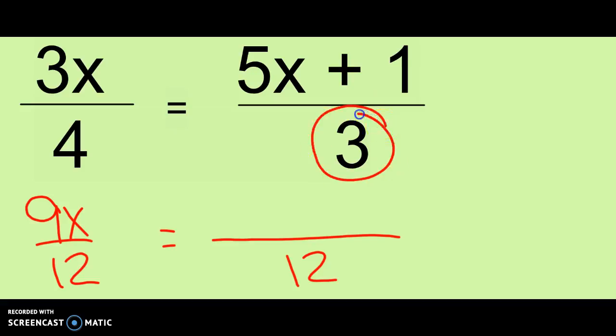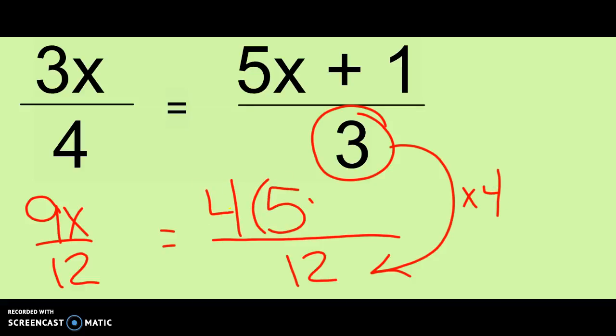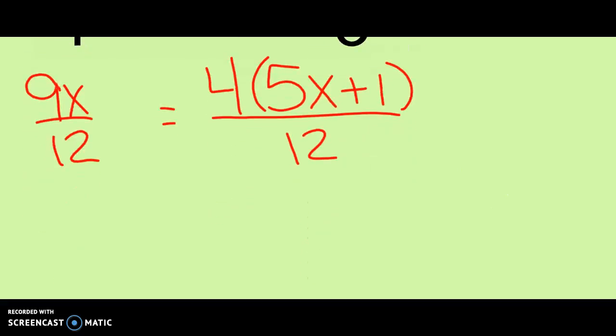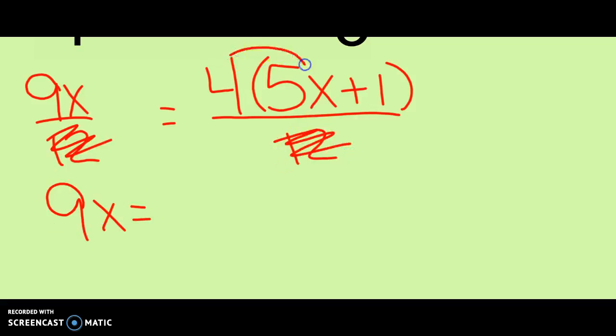We multiplied 3 by what number? We multiplied it by 4, so we're going to multiply 5x plus 1 by 4. Now what happens is you get to drop your denominators. So drop them. Goodbye. And you end up with 9x equals 20x plus 4.